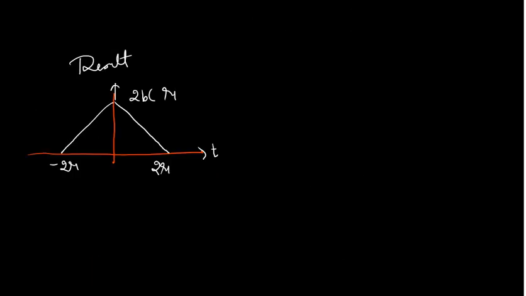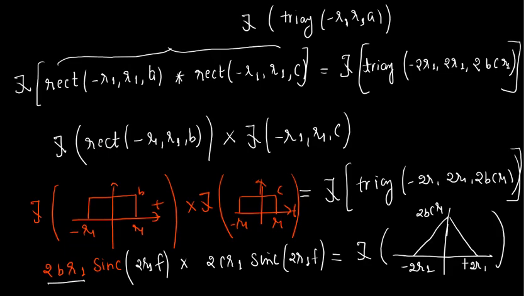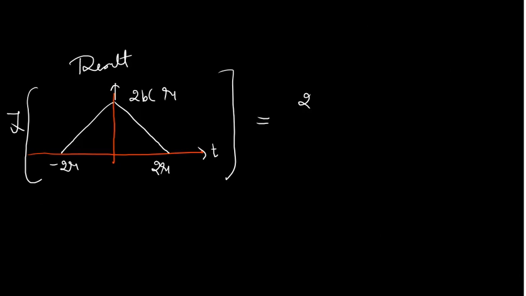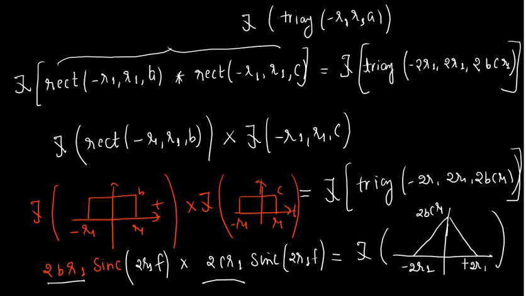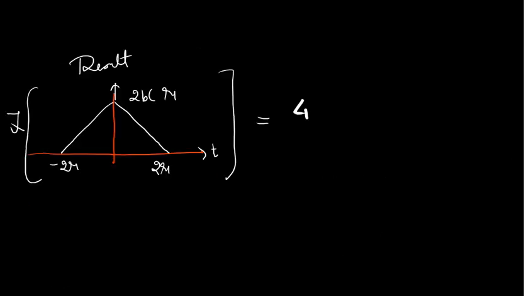If you just multiply 2BR1 with 2CR1, you get 4BCR1 squared sinc squared of 2R1 f.